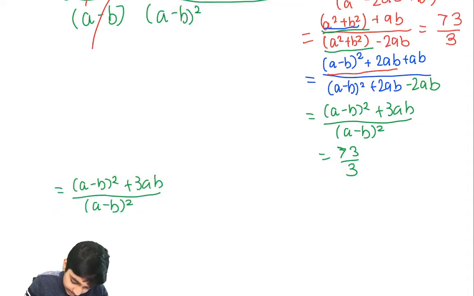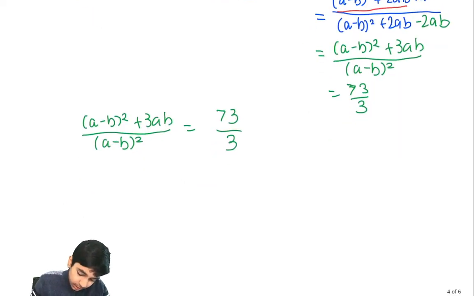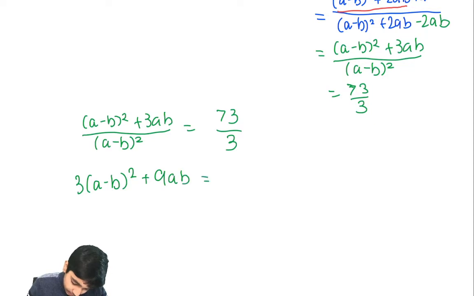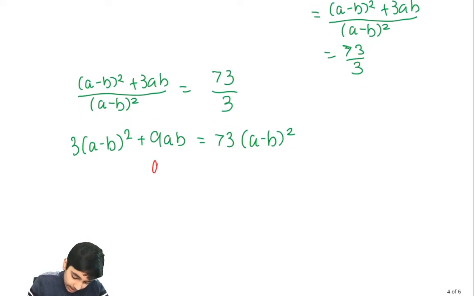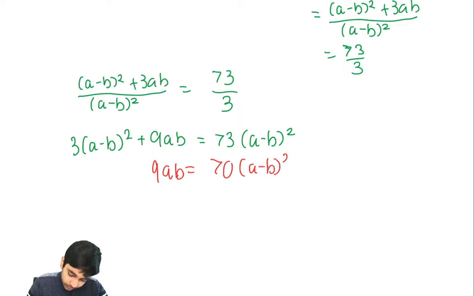So this is equal to 73 over 3. And then we can cross multiply on both sides to get 3 times a minus b squared plus 9ab is 73 times a minus b squared. And now we can say that 9ab is just 70 times a minus b squared.